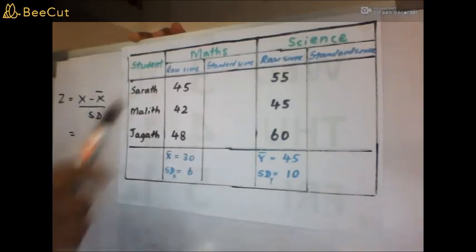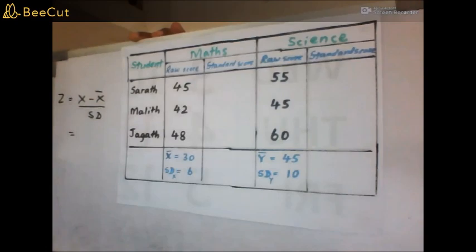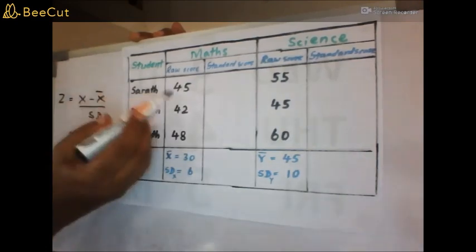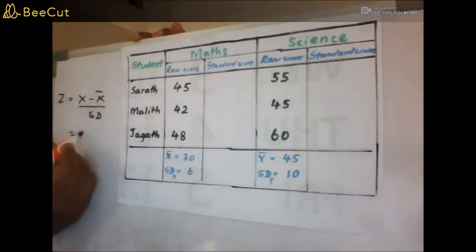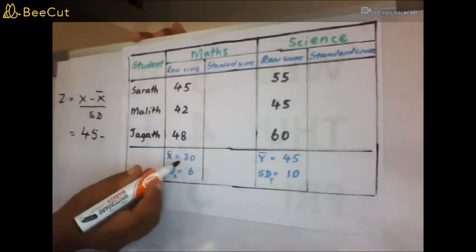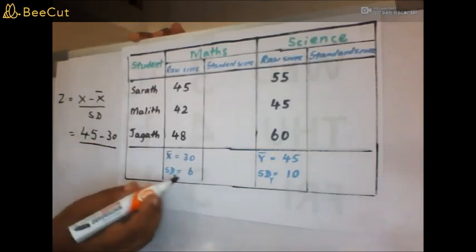Then you have to calculate the standard score. We'll do one. First one, Harath has got 45 for maths. So X is 45 and X bar is 30, divided by SD, which is 6.